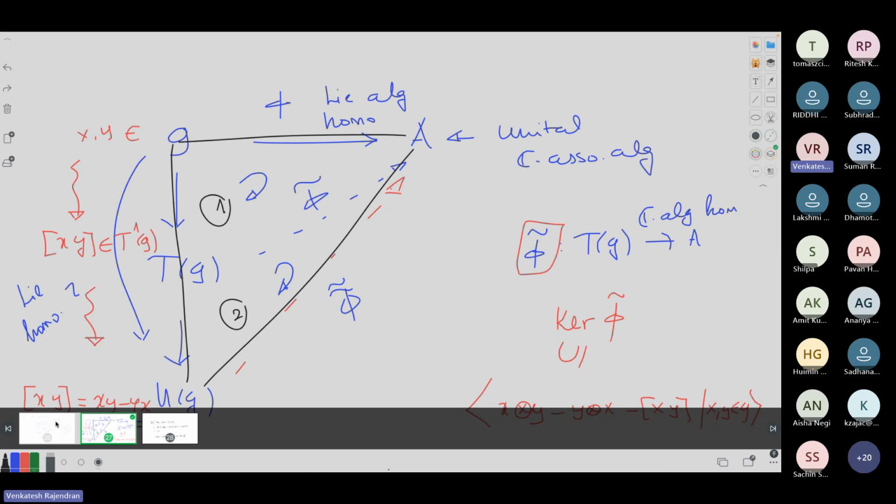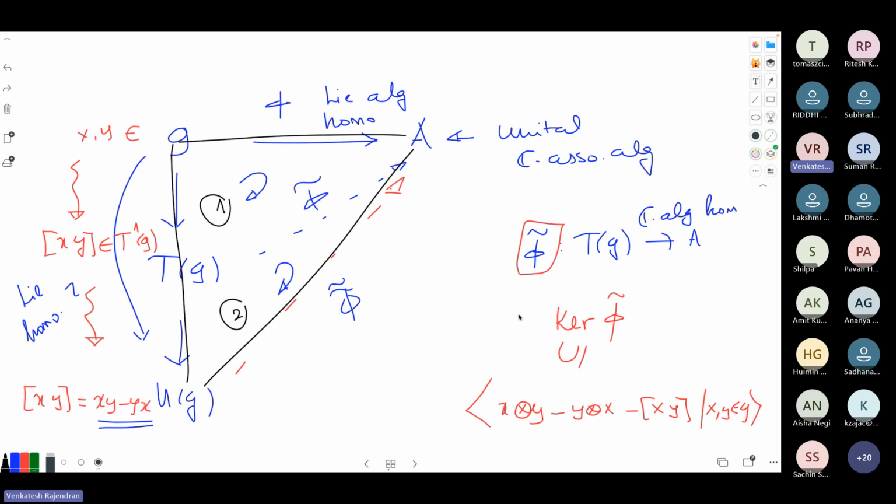Because UG is just a quotient of TG, the image of G inside UG also will generate UG. Now this pi double tilde is uniquely determined by its restriction to the image of G. So because of that, the extension pi double tilde also must be unique. That is a simple calculation. I will leave it to you.